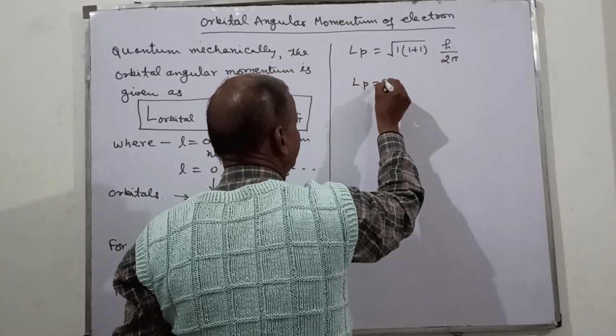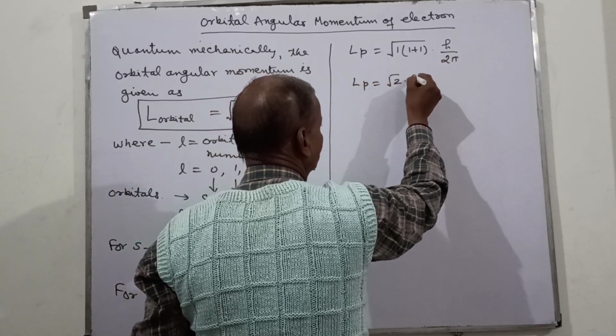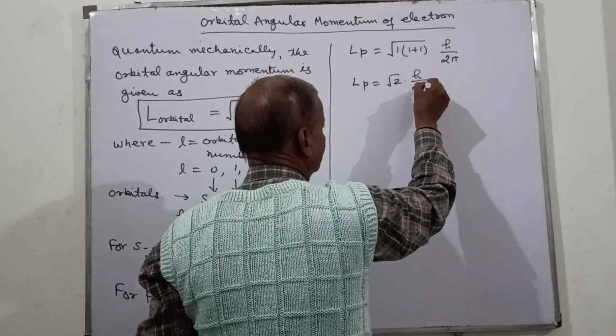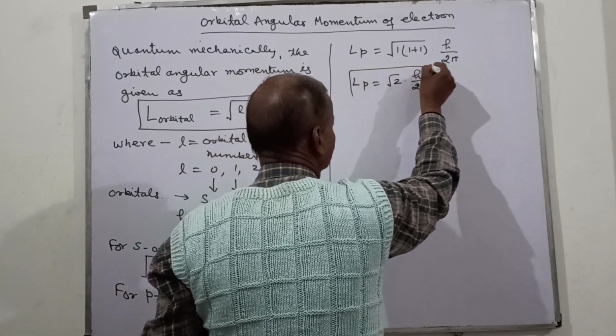So this Lp equal to square root of 2 into h upon 2 pi.